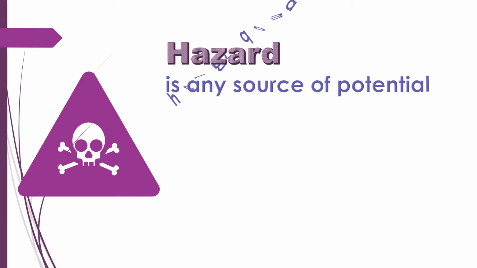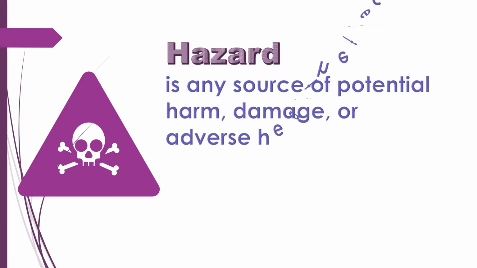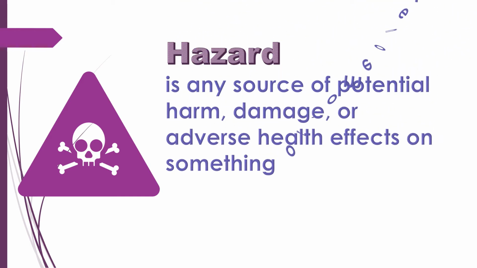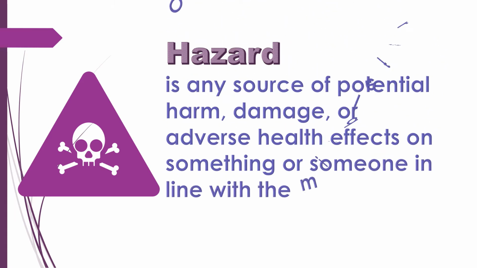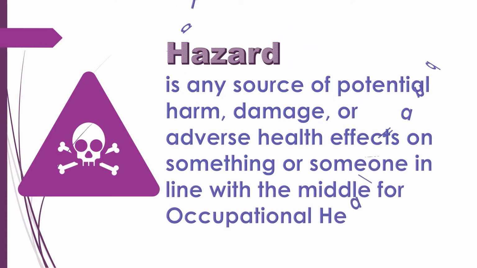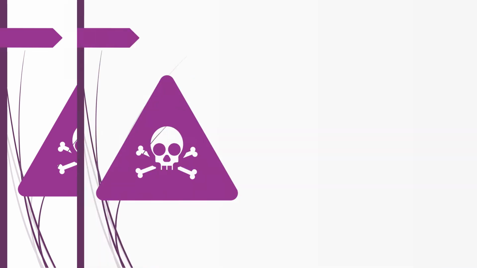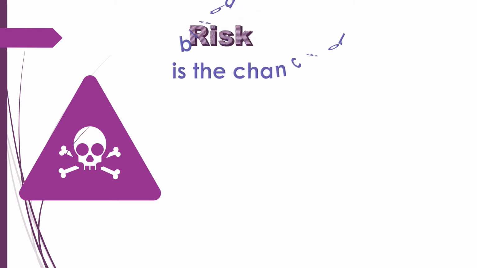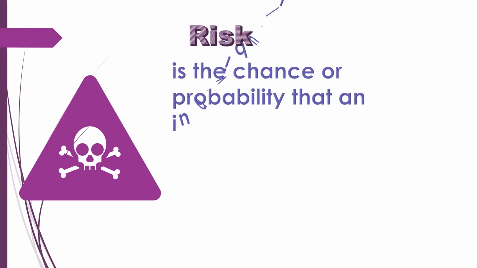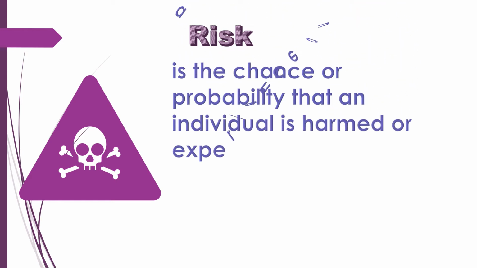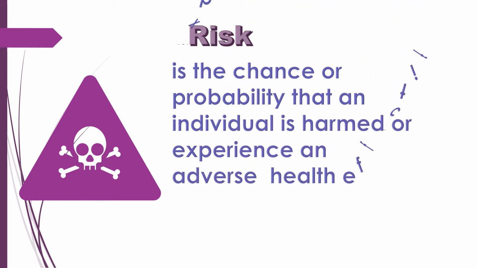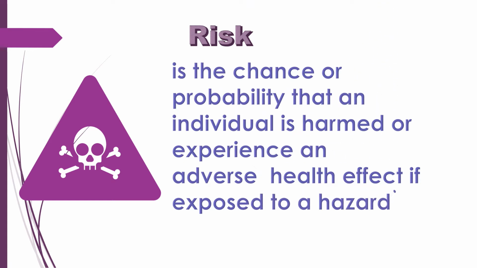To begin with, let's define hazard. A hazard is any source of potential harm, damage, or adverse health effects on something or someone in line with the criteria for occupational health and safety. Next is risk. Risk is the chance or probability that an individual is harmed or experiences an adverse health effect if exposed to a hazard.